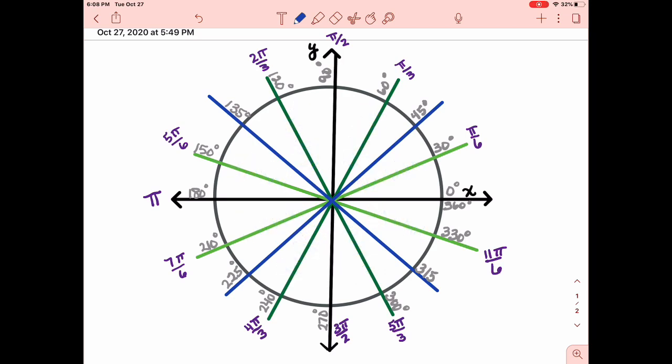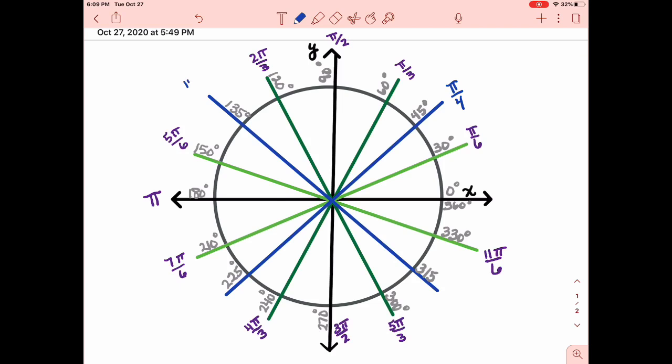So we can give these fraction names as well. This will be pi divided by 4 because it's 180 degrees, or pi divided into 4 parts. This is 2 pi over 4, or pi over 2 at the top.